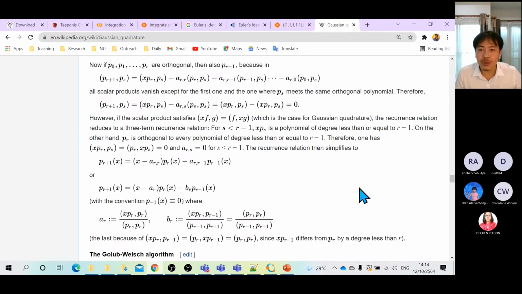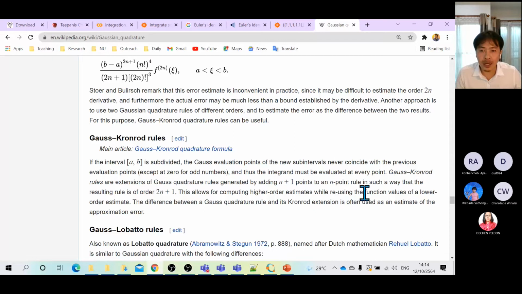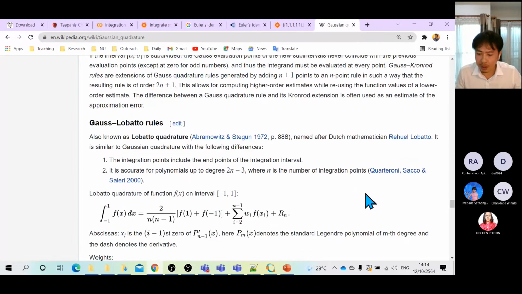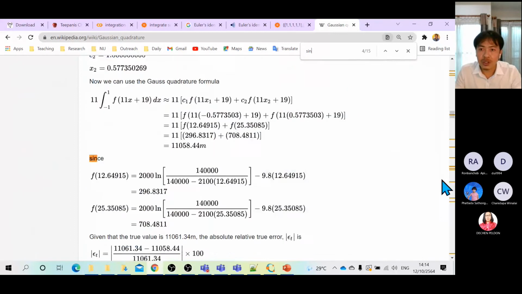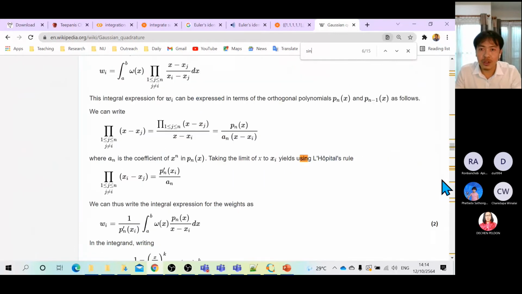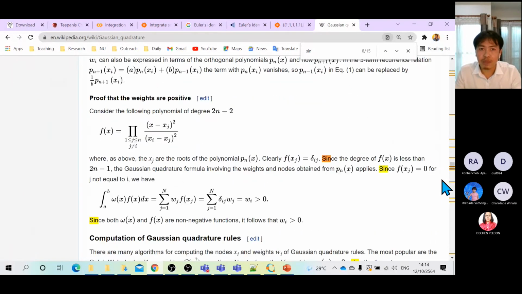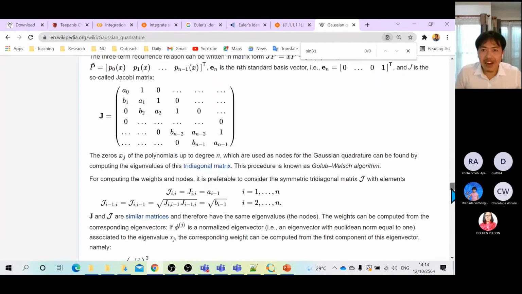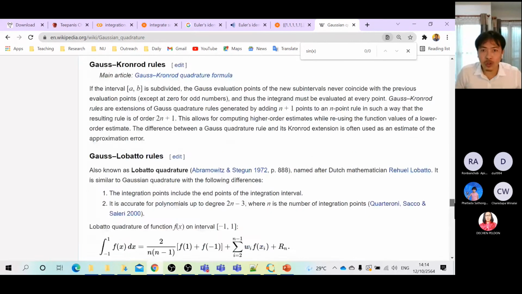Okay, let me find where's that sine and cosine. Control F, sine function. No. Okay, where's sines of x? I forgot. There is one quadrature made for sinusoidal function.